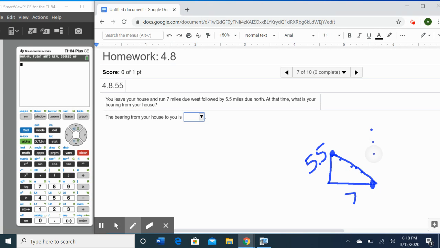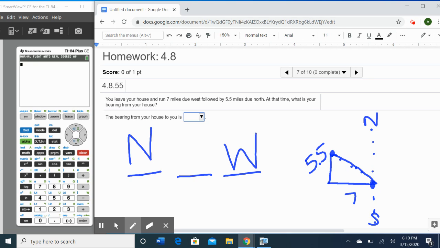Now I'm going to draw this straight up and down, because the first thing I do is decide whether I'm north or south, because it's going to be either north or south, an angle measure, and then either east or west. So it looks like I went north, then some angle, and then I went west. Let's think about what the bearing angle means. The bearing is going to be this angle right here.